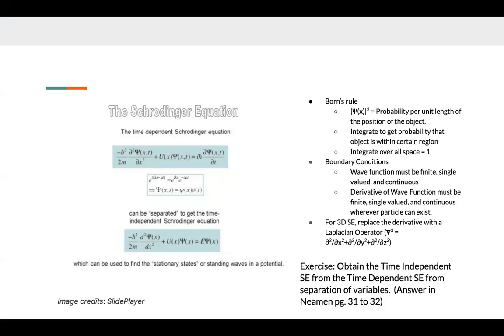That is the wave function squared, and it is the probability per unit length of the position of the object. If you integrate over all space, you get 1, because the particle or wave is somewhere in space. And you can integrate over a certain region to get the probability that the object is within that region.